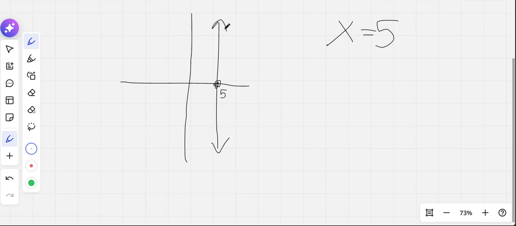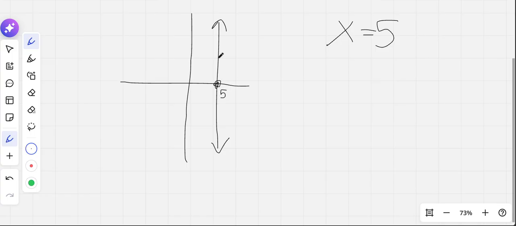And as you know, for any function, that isn't possible, because in functions, an x value can never have multiple y values, or infinite y values, because in this case, the x value of 5 has infinite y values. So you know this isn't an actual function, and therefore the slope, or rate of change, of this is undefined.